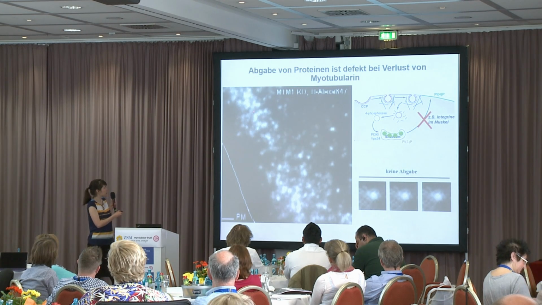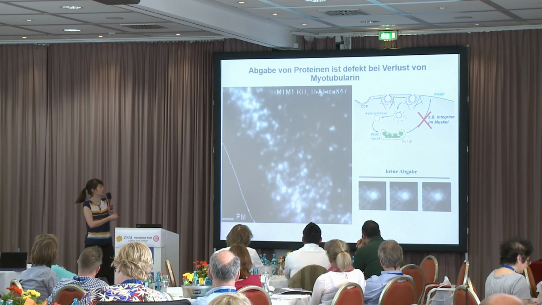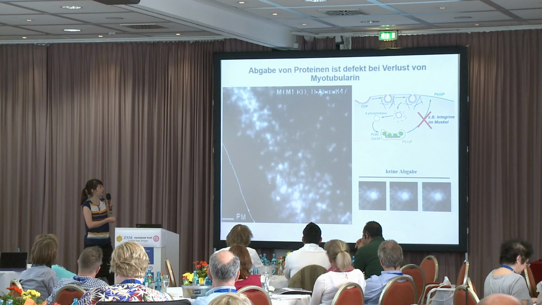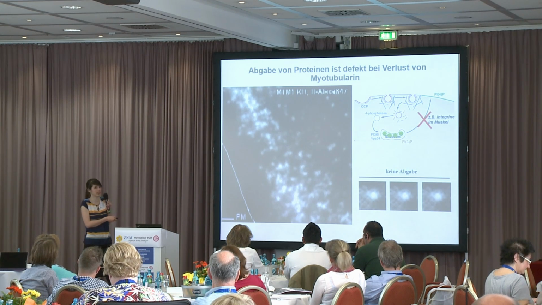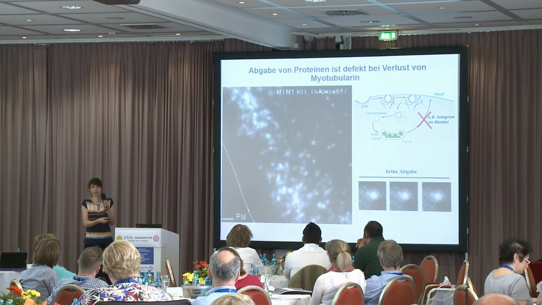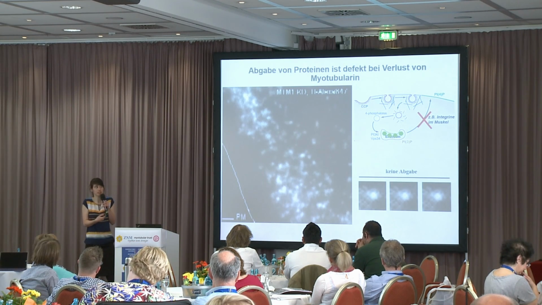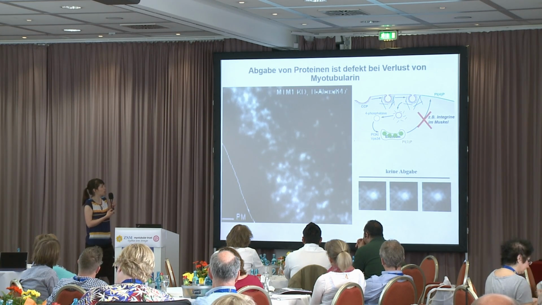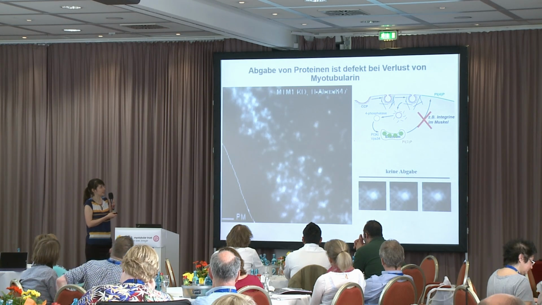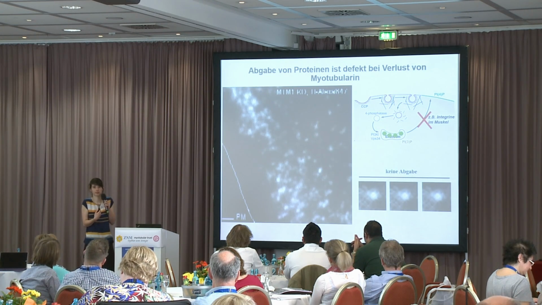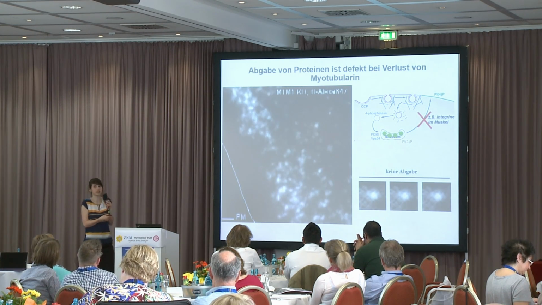If you look at the cells of CNM patients, people who are lacking MTM1, then you can see that these structures are enriched, that they are not as mobile, and that these staining elements remain inside of the cell, cannot be transported out, and that transport path is not working.